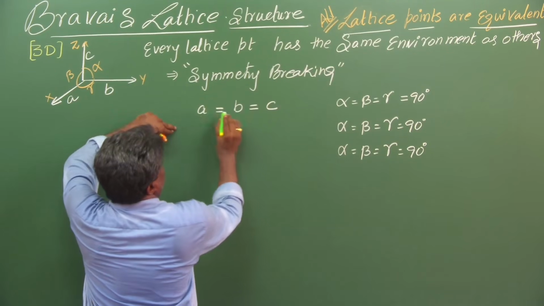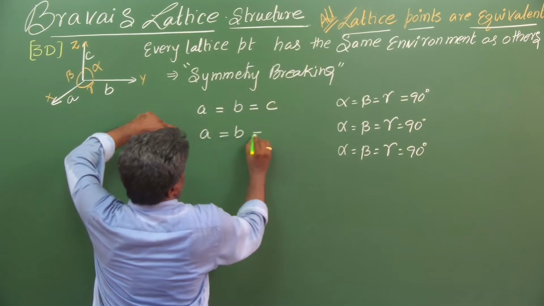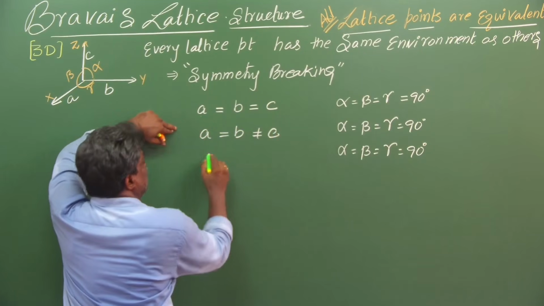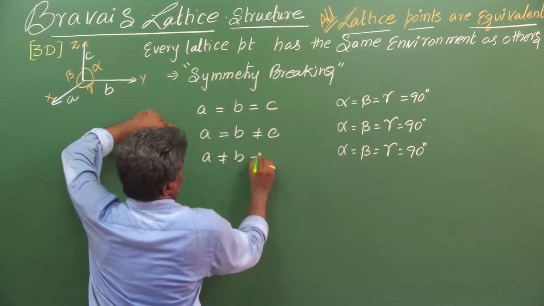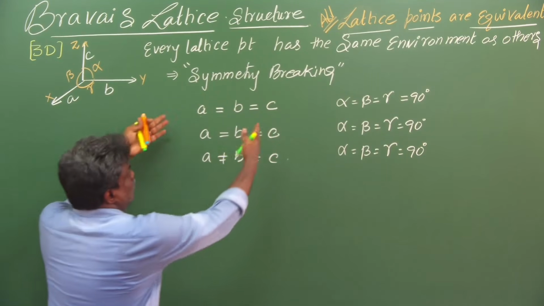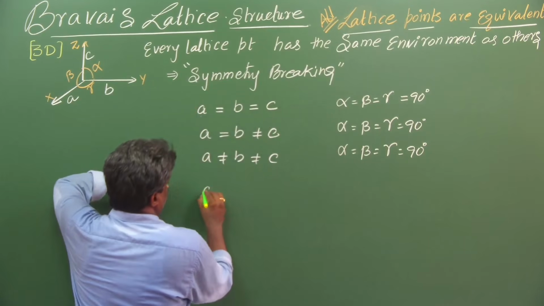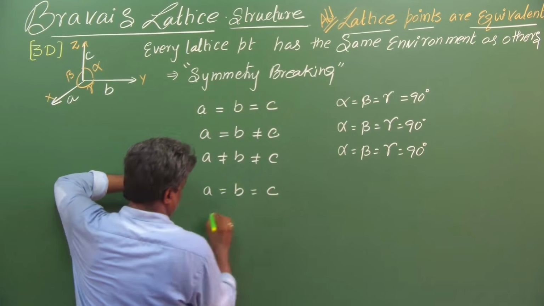Here a equal to b equal to c. Now break the symmetry: a equal to b. Again break. Next, I request you please write this 3 again: a equal to b equal to c.